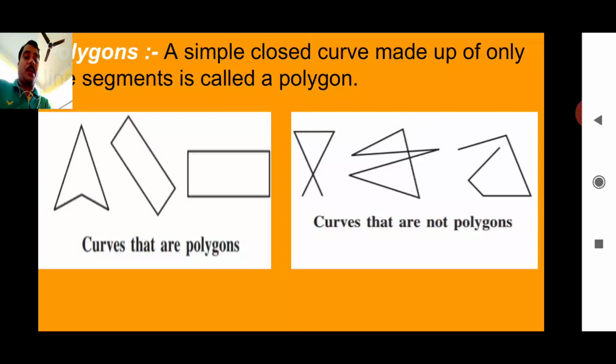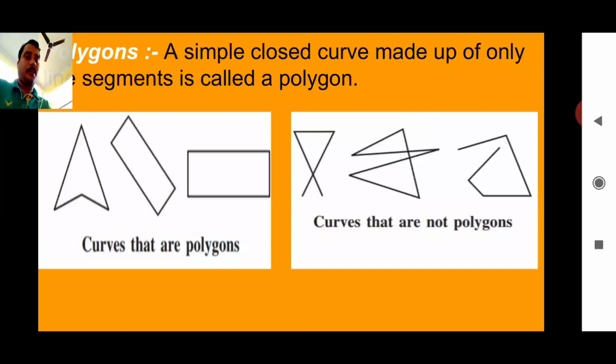You can see some examples here, curves that are polygons, curves that are not polygons. In the first image, all the curves are simple, meaning in a plane, and closed, and only line segments are used, so these are polygons. But in the second image, the first one is not simple because it crosses itself, the second also crosses itself, and the third one is not a closed curve, so these are not polygons.